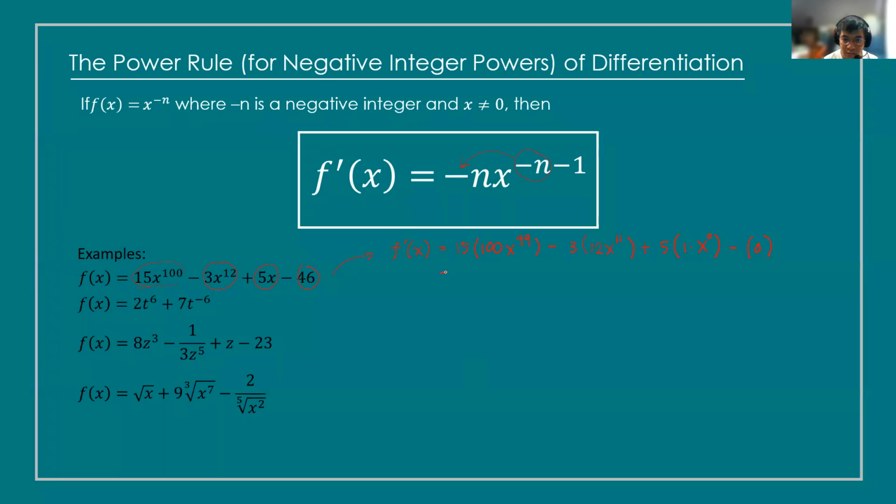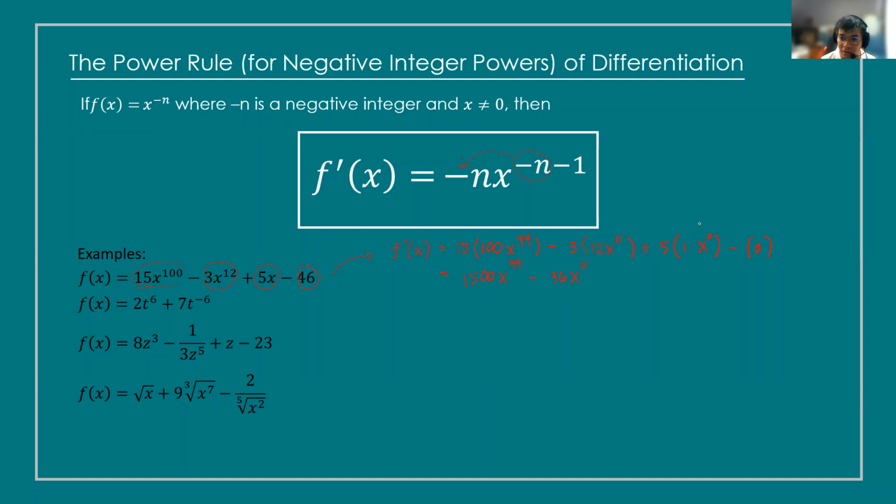So the final answer would be 1500x to the power of 99 minus, so 3 times 12, that would be 36x to the power of 11. So x to the power of 0: any variable raised to the power of 0 is equal to 1.